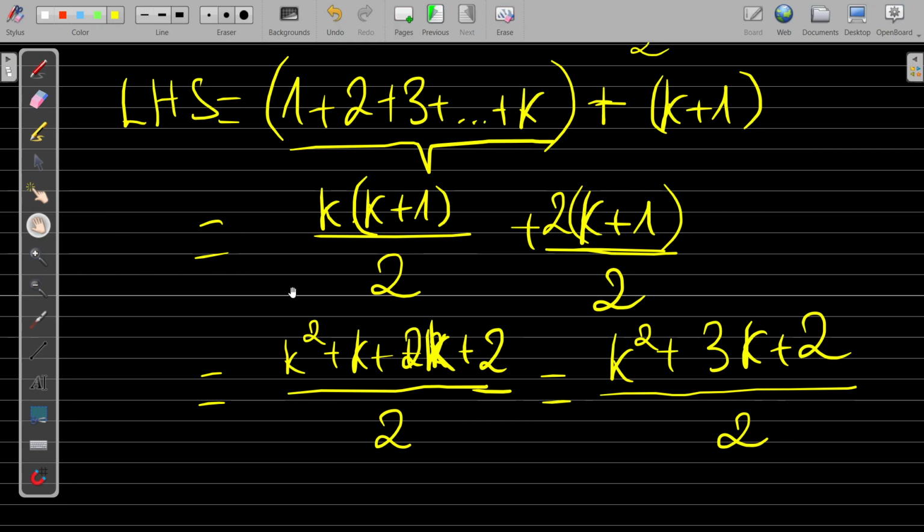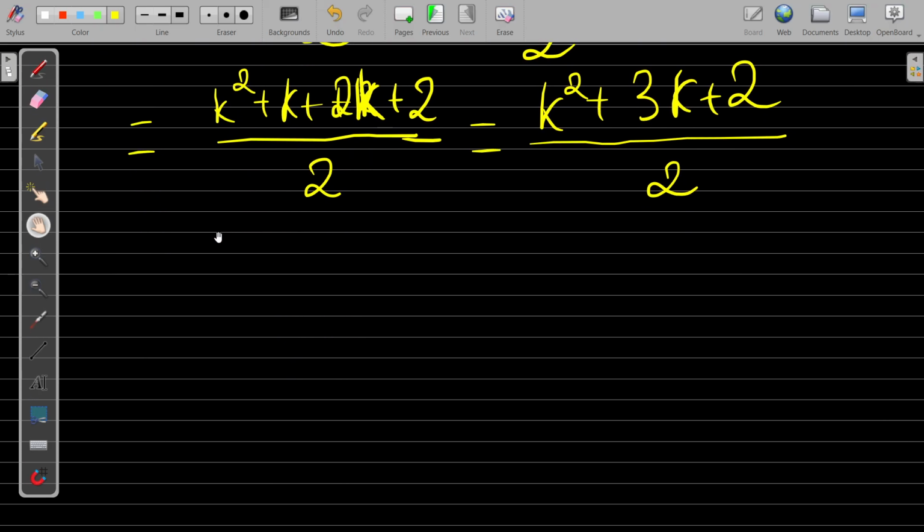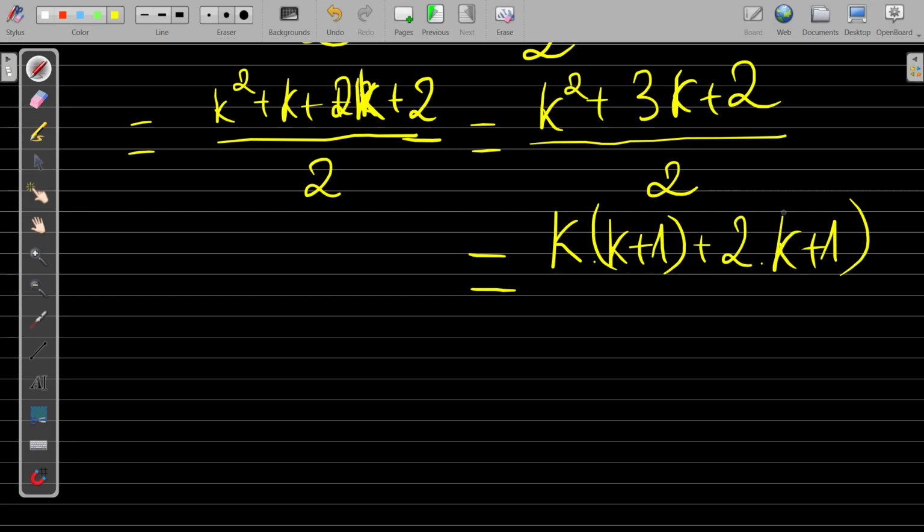Now, if you know your factorization, your expansions, let's go for a common denominator here. We'll have k multiplied by k plus 1. They all have the common denominator, plus 2 times k plus 1 here, all divided by 2.